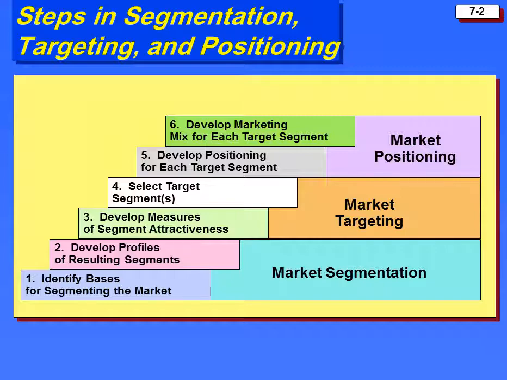Then the organizations that sell to consumer and business markets recognize that they cannot appeal to all buyers in those markets, or at least not to all buyers in the same way.